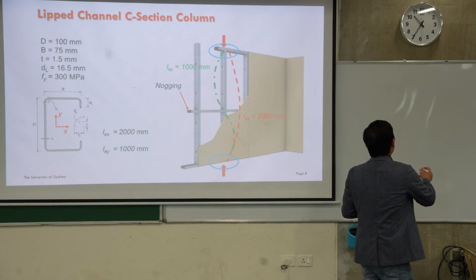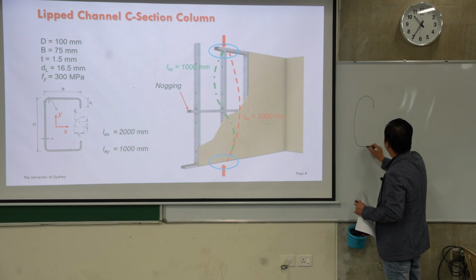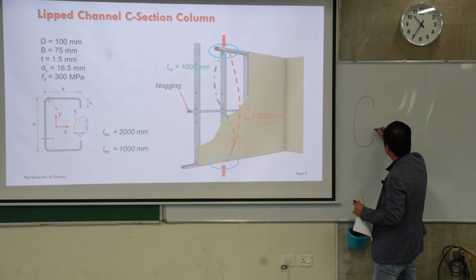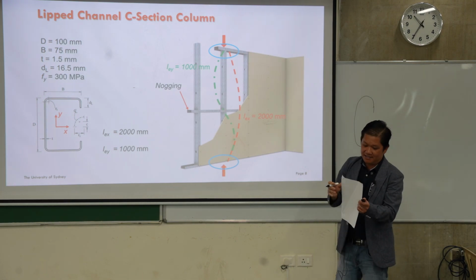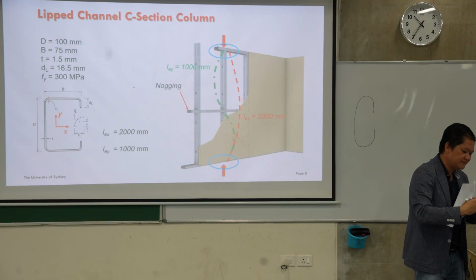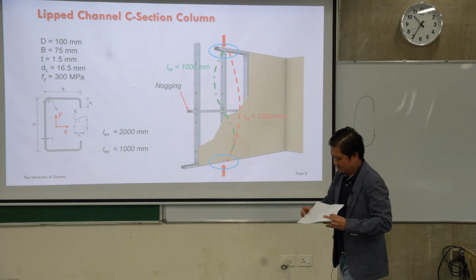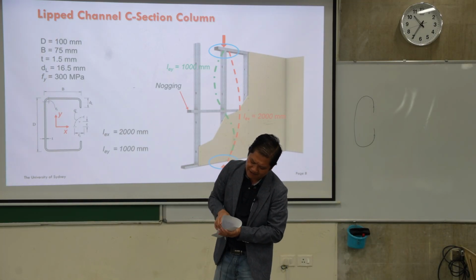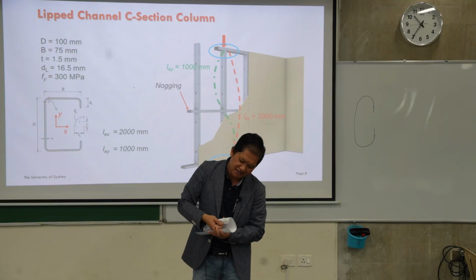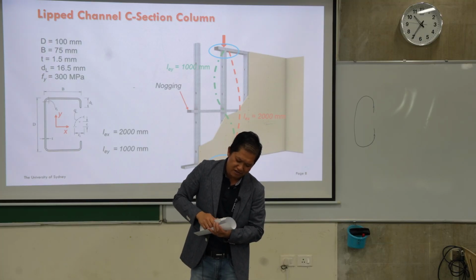Just one paper, right? So imagine we've got a C-section, so we can fold that somehow like this, all right? It's an open section, so we assume that it's not connected.